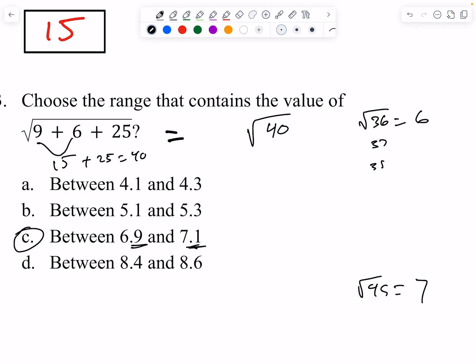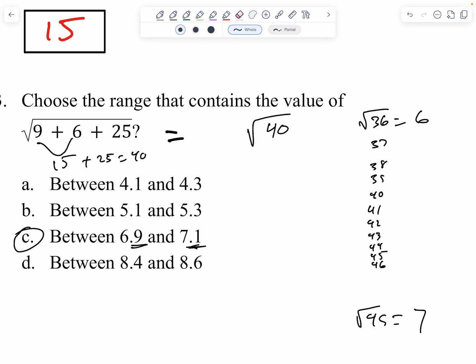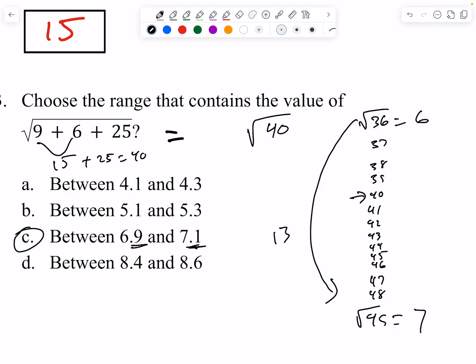So 37, 38, 39, 40, 41, 42, 43, 44, 45, 46, 47, 48, and 49. So if 40 is right here, from here it's 13, so this one is 1, 2, 3, 4 away. So that's less than half. So that should have been like 6.3, 6.2. Actually, the better answer would have been this one.